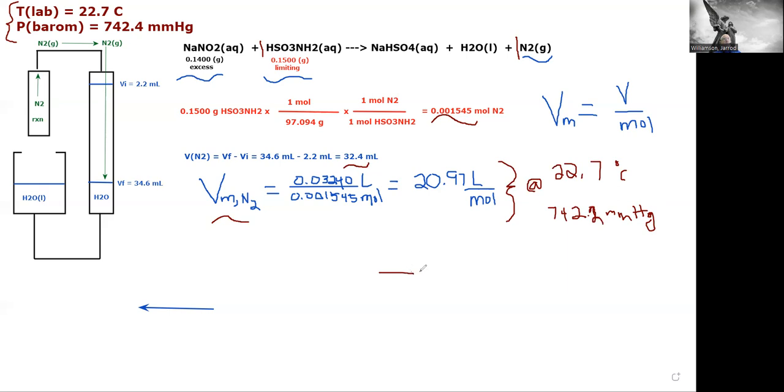What will it be at 0 degrees Celsius and 760 millimeters of mercury?